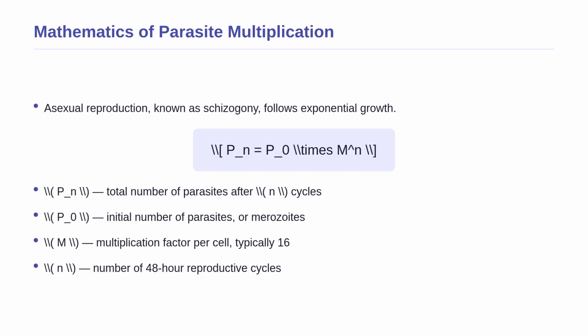Pn represents the total number of parasites present after a specific time. P0 is the initial number of parasites that entered the blood. M stands for the multiplication factor, which is typically 16 for this species. Finally, N represents the number of 48-hour reproductive cycles. As N increases, the total parasite load explodes exponentially.